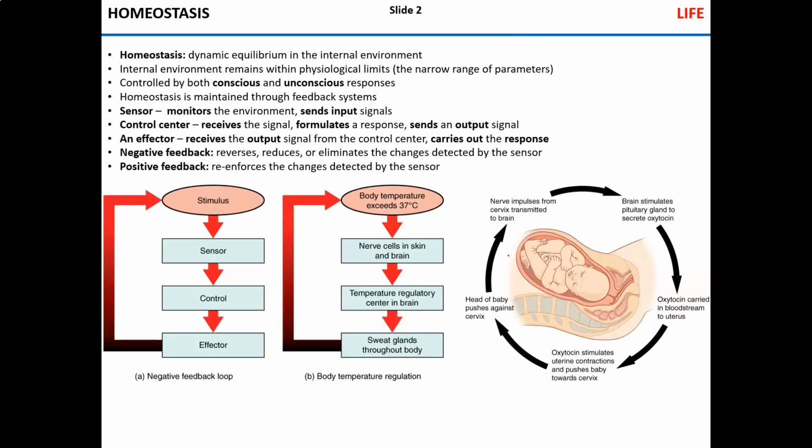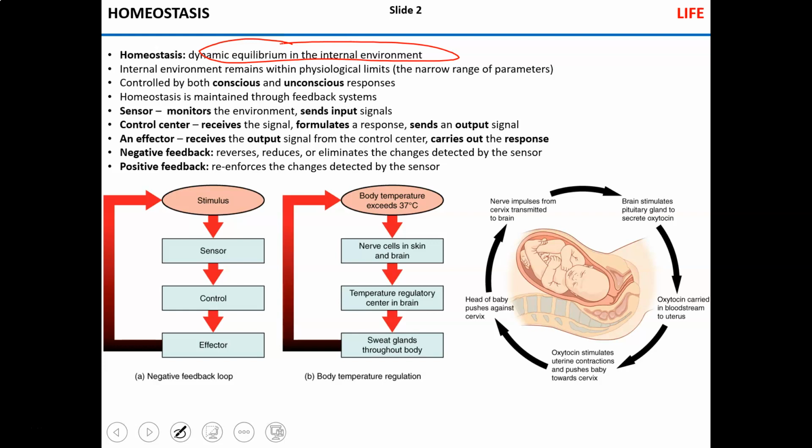Now, we use the term homeostasis. We need to explain what it is. It's an equilibrium, dynamic equilibrium in the internal environment. The parameters of the internal environment remain within physiological limits. They fluctuate narrowly around the baseline, such as human temperature fluctuates around the baseline of 36-37 degrees Celsius. This is controlled by both conscious and unconscious responses.